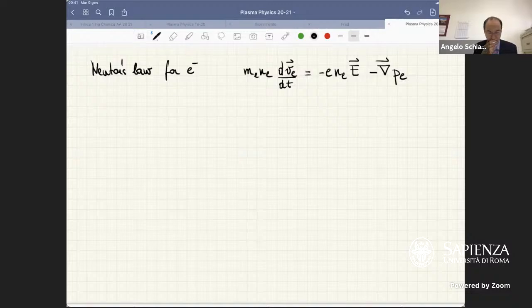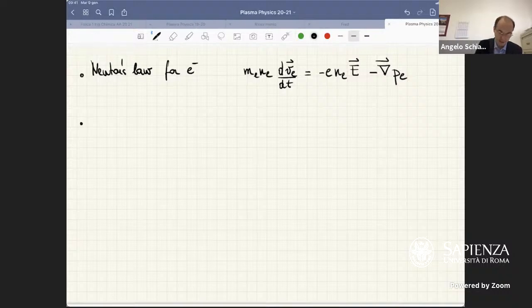Then what do we need? We need the continuity equation. So the first one is the dynamical equation. The second one is telling us the mass conservation law for the electrons.